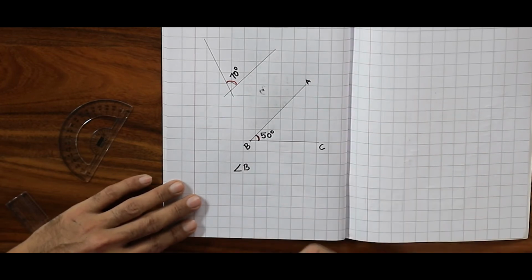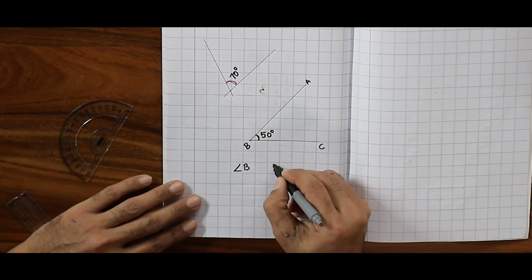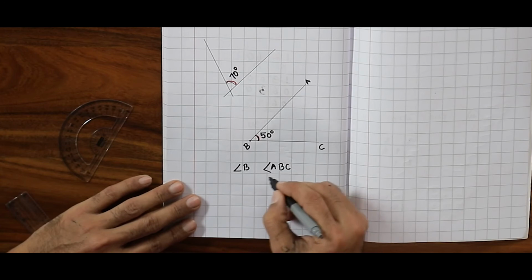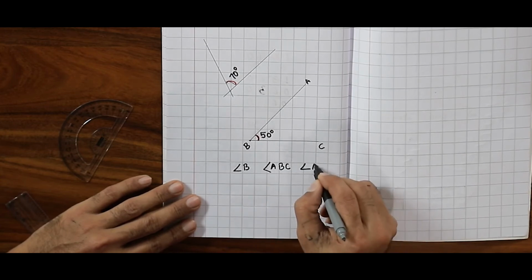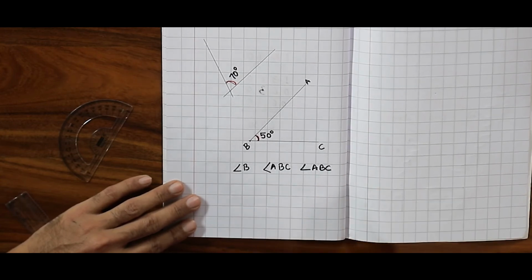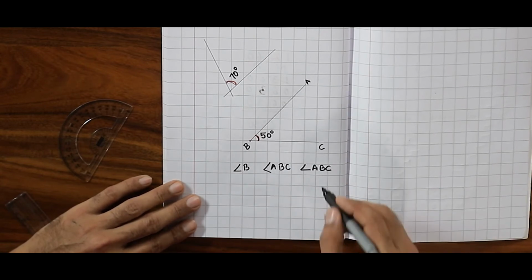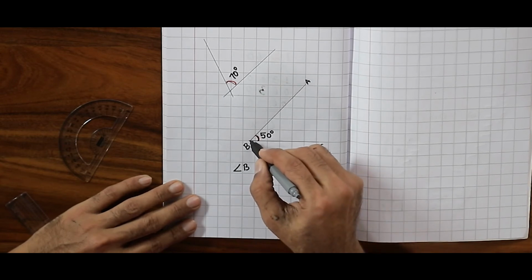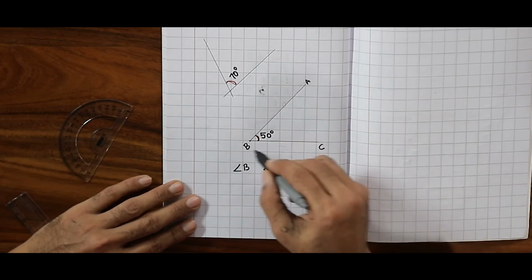What is the name of this angle? We write it this way: A, B, C with an angle sign. Angle ABC. This is how we write it. B is the point where the angle is formed between AB and BC.